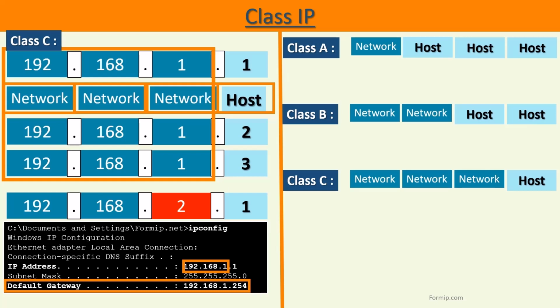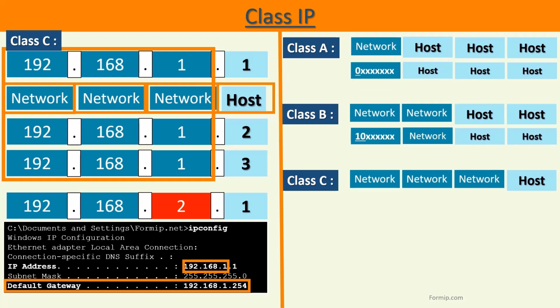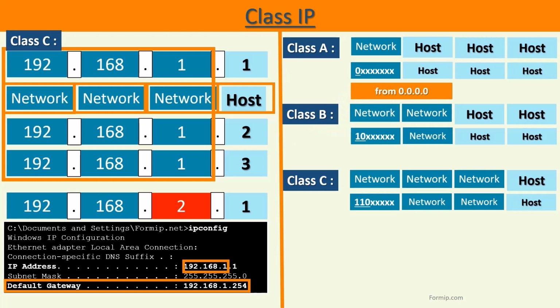But how to know? Well, in an address of Class A, the first bit must always be 0. In Class B, the first 2 bits must always be 10. And in Class C, the first 3 bits should always be 110. So if you calculate this from binary to decimal, it means that the address range of Class A starts with 0.0.0.0, Class B starts with 128.0.0.0, and Class C starts with 192.0.0.0.